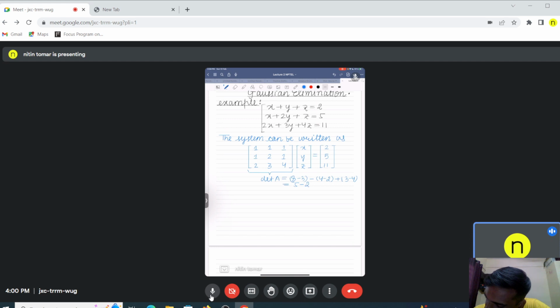There are various methods, okay? I think it is invertible. Oh, is it not invertible? Oh yeah, it is invertible, okay? Yes. Because the determinant is 2, correct?